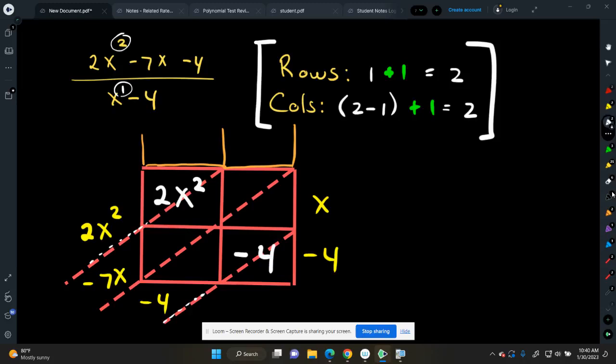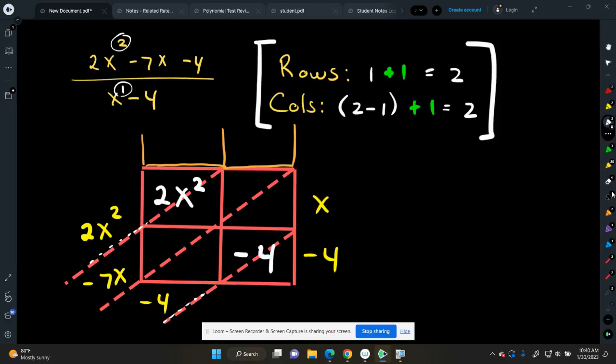If I look at this diagonal for the 7x to the 3rd, follow the diagonal. I already have 2x to the 3rd. How many more do I need? 5. I need 5x to the 3rd here, because that diagonal has to add up to 7x to the 3rd.